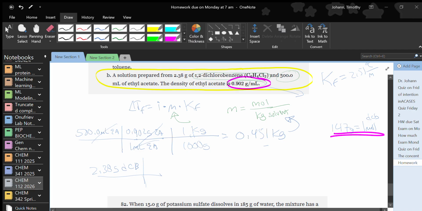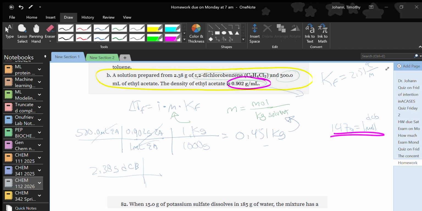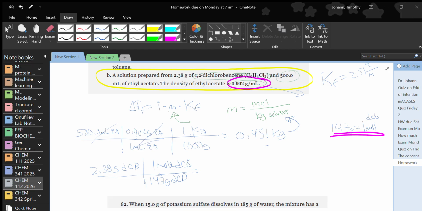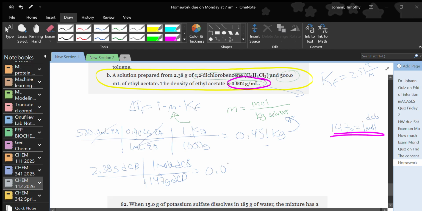What goes on the bottom? 147 grams goes on the bottom. 147 grams of dichlorobenzene is equal to 1 mole of dichlorobenzene. So we have 2.38 divided by 147, 0.0162 moles of dichlorobenzene.